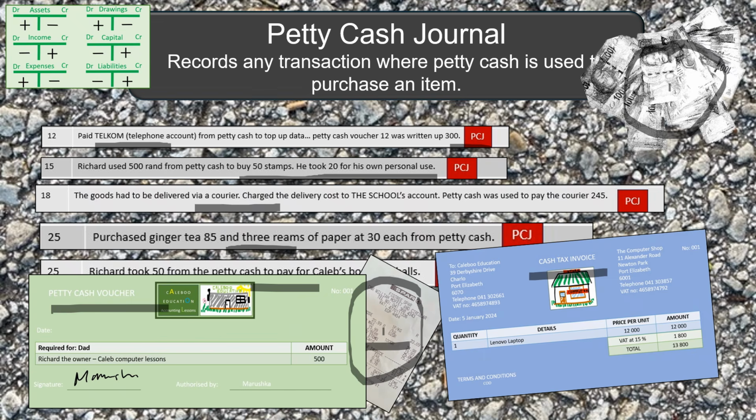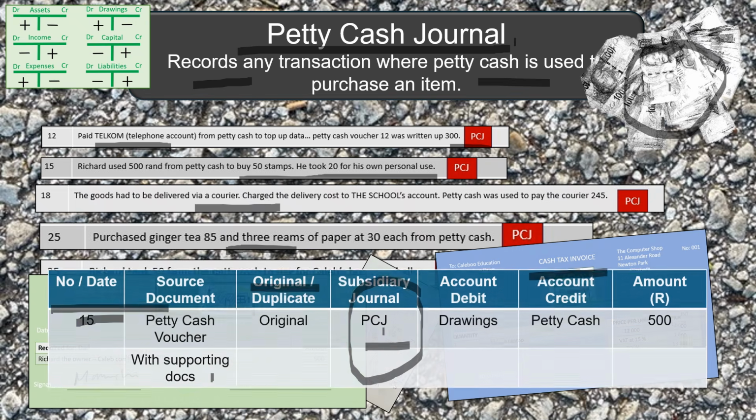So the petty cashier, the person who looks after the petty cash, is going to write out the petty cash voucher, and this document will be used to record the transaction in the petty cash journal. So the petty cash journal records any transactions where petty cash is used to purchase an item, small items. Petty cash is an asset.